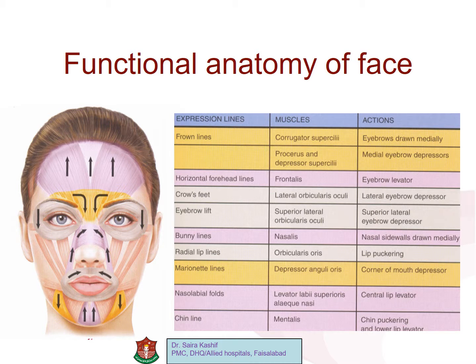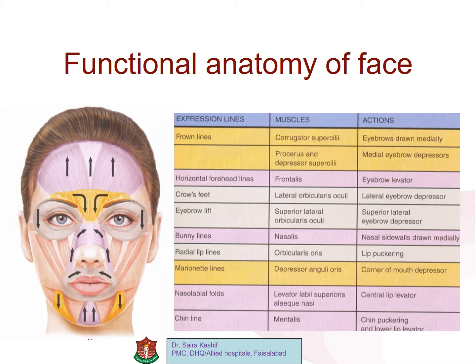Here, just to revise it again, for the glabellar complex, 3 muscles are important: corrugator supercilii, procerus, and the depressor supercilii. All these 3 muscles draw the medial end of the eyebrow downward and medially. So these produce the frown line.